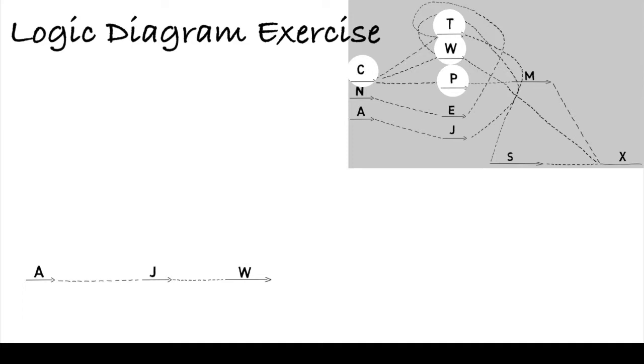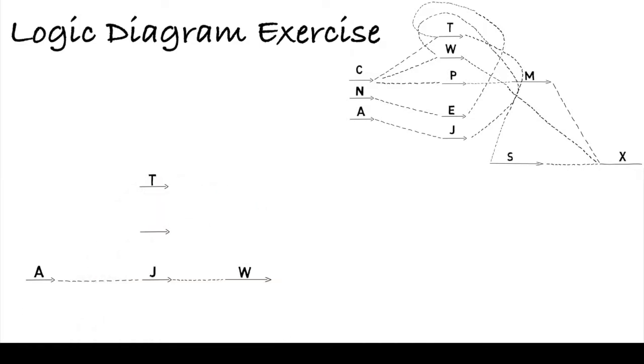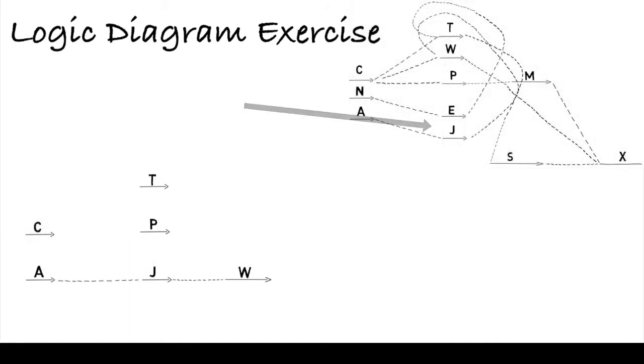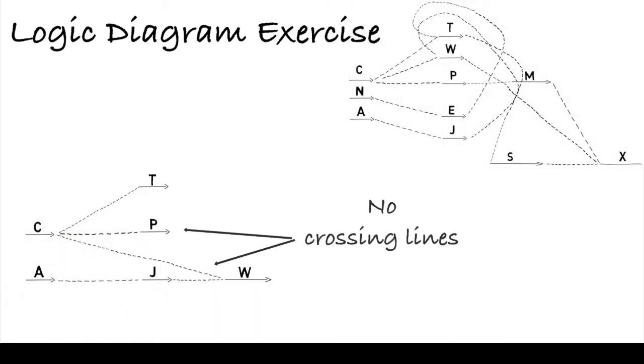We see that C comes before P, T, and W. So let's put T and P and align them with J. Now we can connect C to T, C to P, and finally C to W.